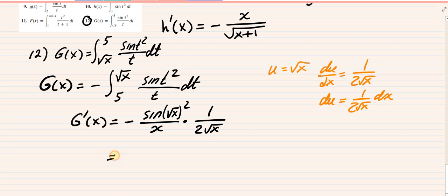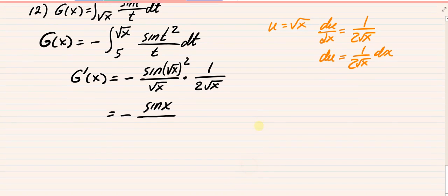And now we can simplify this one as negative. The numerator is just sine x. Denominator, and that means down here too I have root x, right? Because we plug in root x for t. That's why I didn't do that, I just put x. Okay, that looks right now.